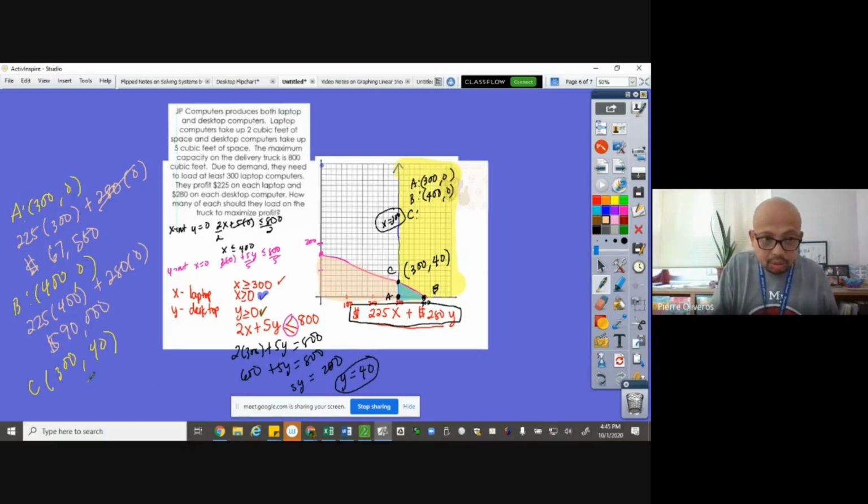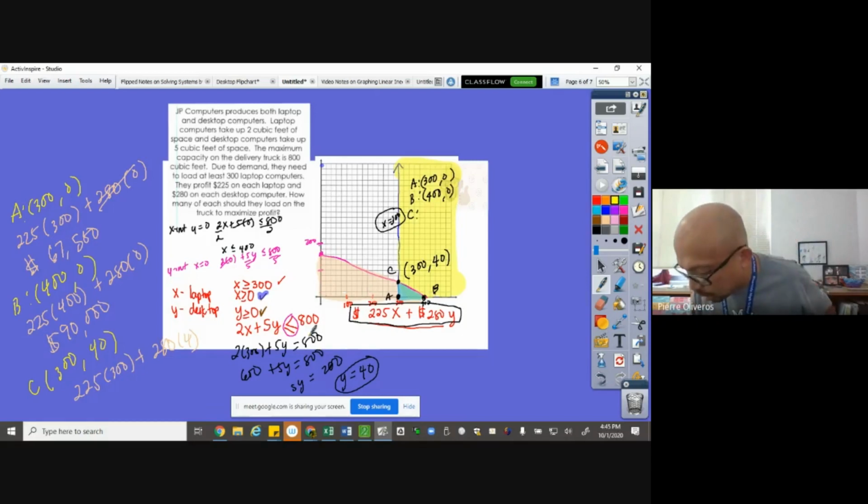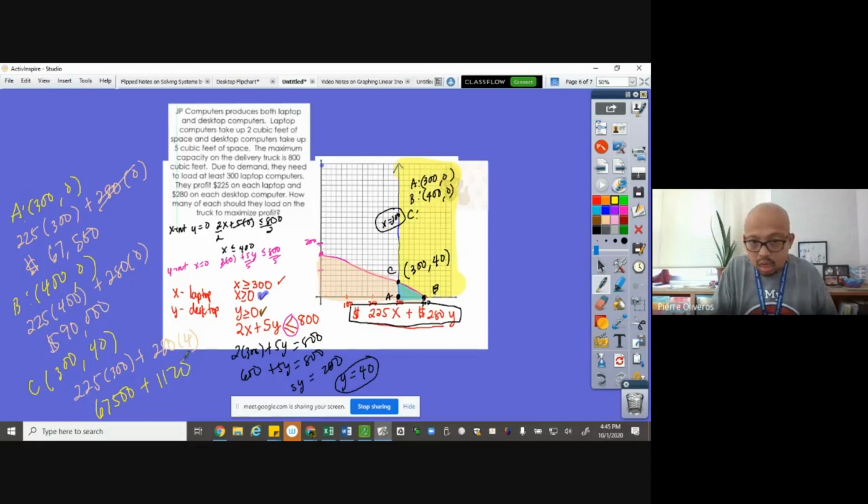But if you pick the 300 here, so 225 times 300 plus 280 times 4, that will give us 225 times 300, which we had already a while ago, 67,500 plus 280 times 4 will give us 1120, and you add that one to 67,500.